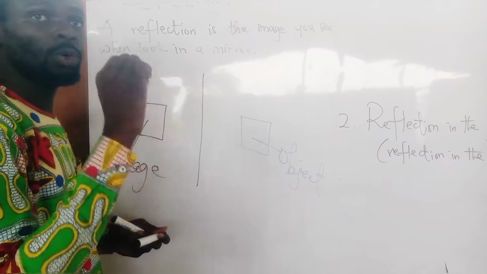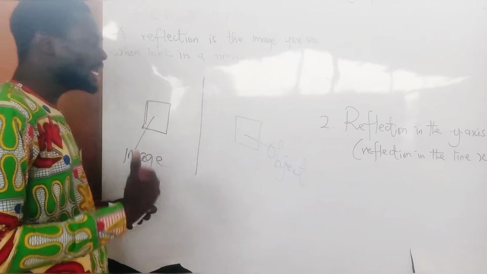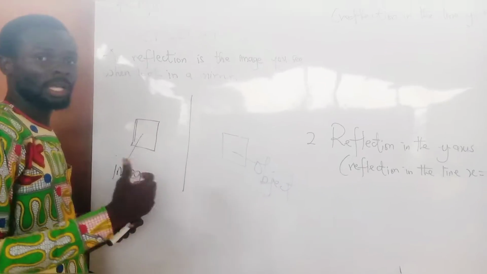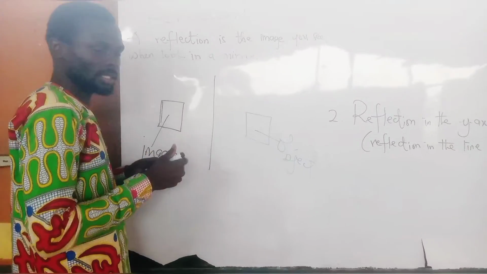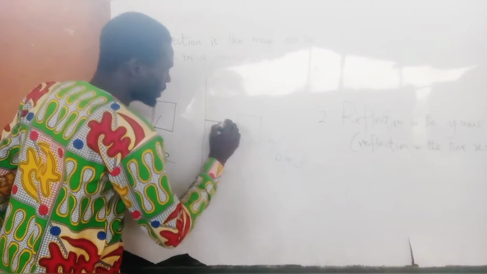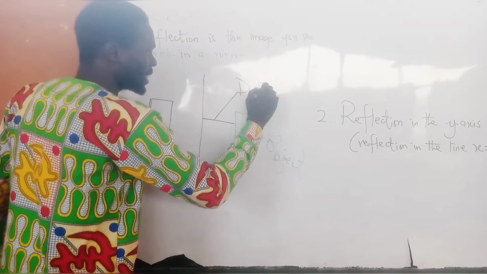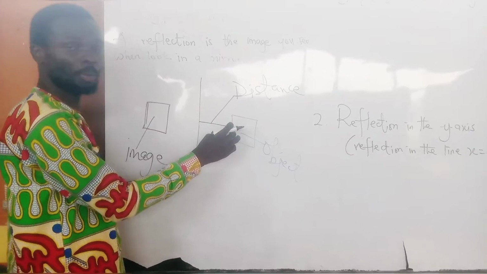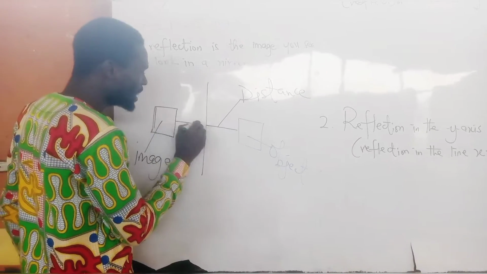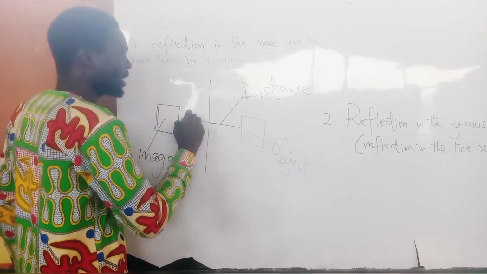Now, we will notice also that anytime we look in a mirror, the perpendicular distance from the mirror to the object is the same distance we have here.